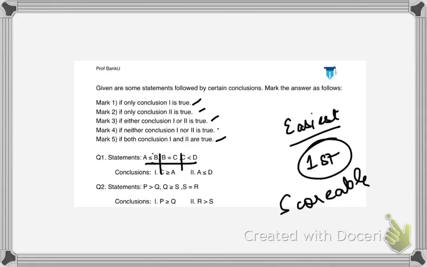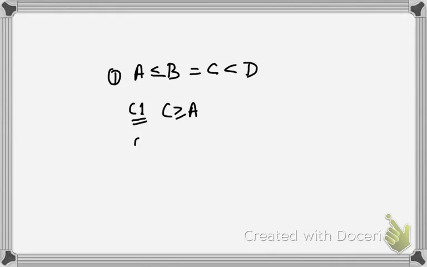Now, the key thing in these questions is that you have to combine the three different statements into a single statement and then find out which of the conclusions is true or false. So we combine the three statements into one, and this is the single statement that we get, and based on this statement we determine which conclusion follows or not.